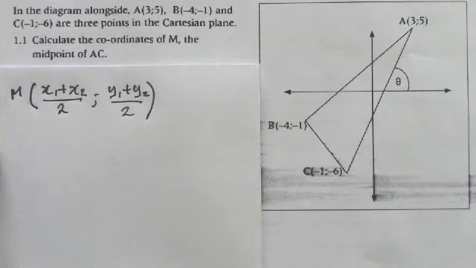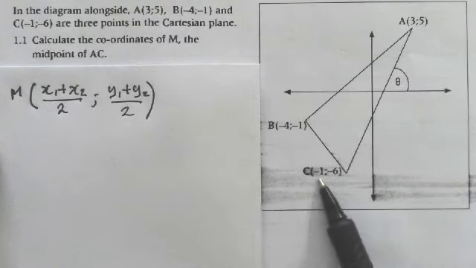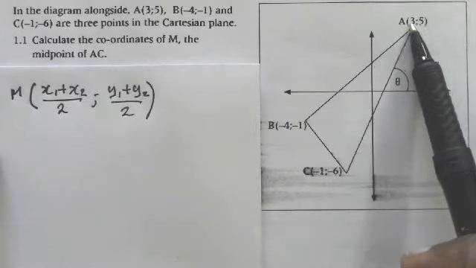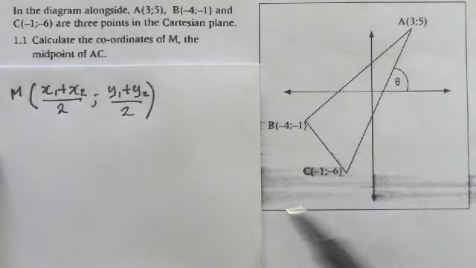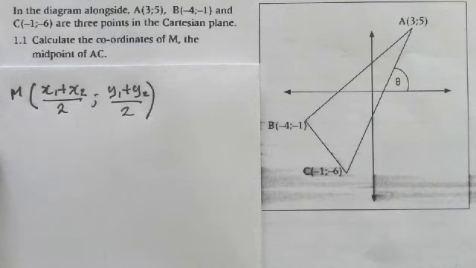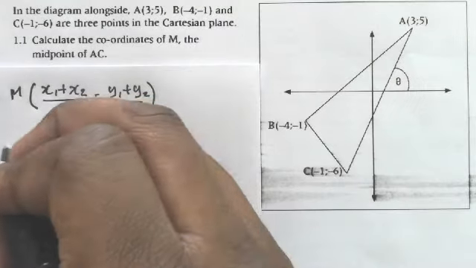It doesn't really matter which one is x1 and y1 and which one is x2 and y2. But if this is x1, then that obviously is y1, and if this is x2, that's obviously y2. You can do it vice versa, but x1 and y1 must go together. That is very important.